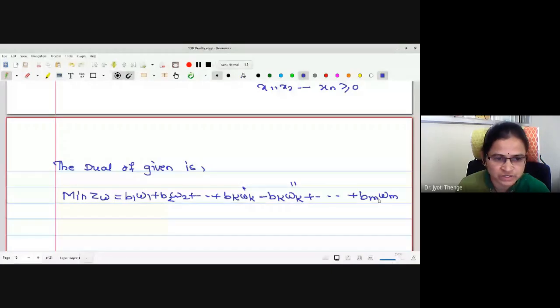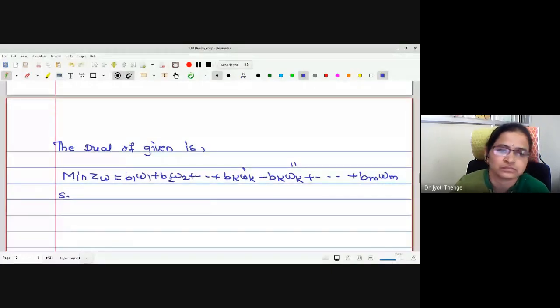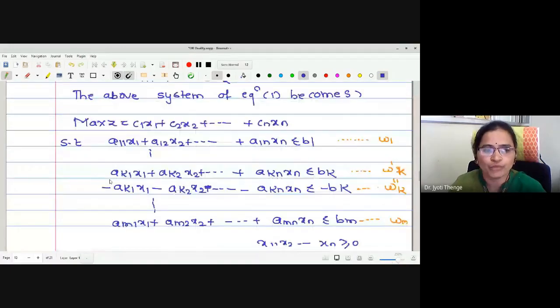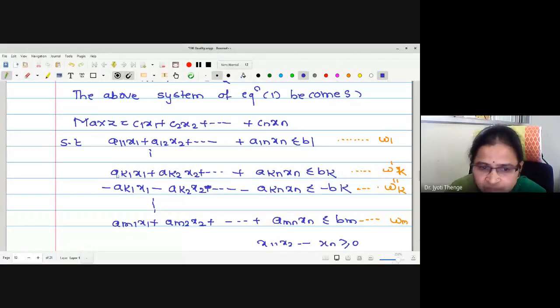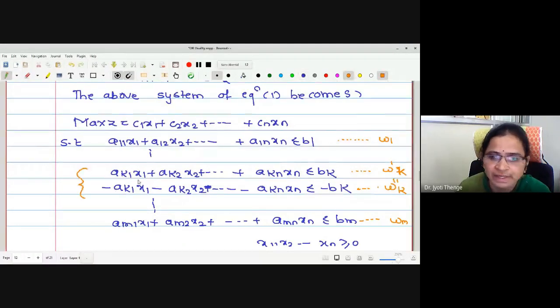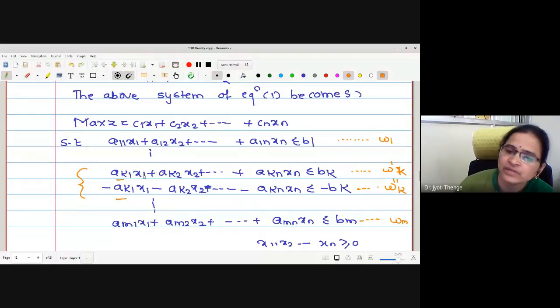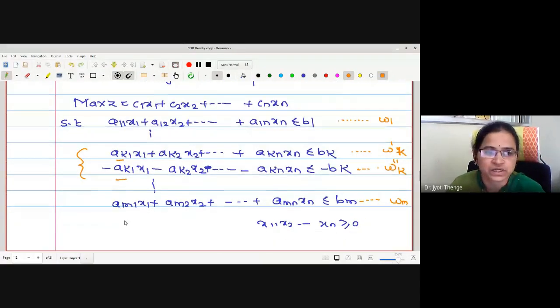Subject to the constraints. Now this first column we have to write as first row: a11, a21 till ak1 plus ak1 minus ak1 up to am1. While writing the coefficients of these two, we will take the coefficient common and write the variables together. Let me show you how.